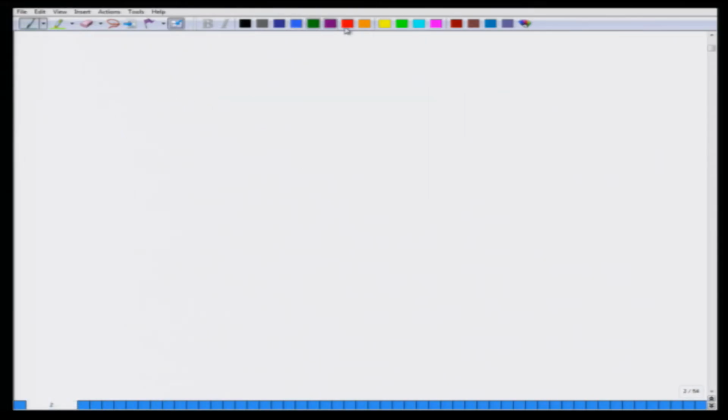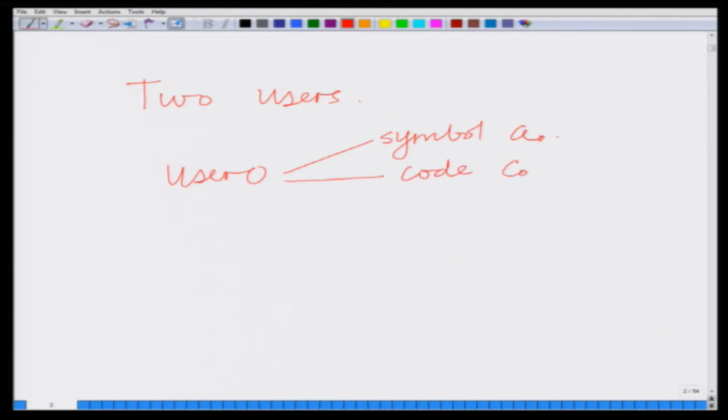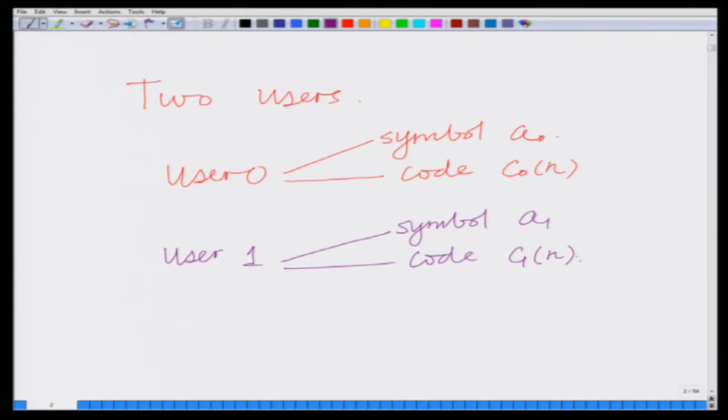We have two users, whom we denote by user 0, who has symbol A0 and code C0 of n, and user 1, who has symbol A1 and code C1 of n. So, we have a two user CDMA scenario.